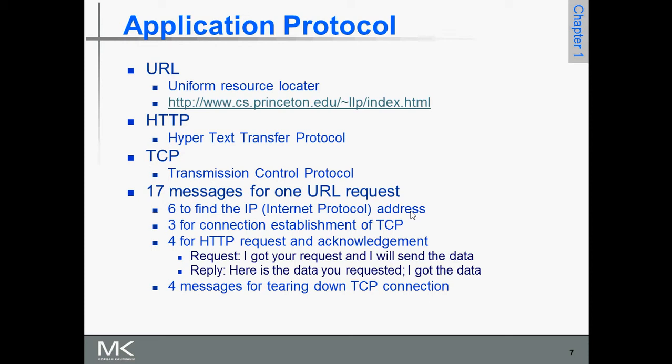That is why today we use the concept of a server name, and in the background we use DNS, the domain name server, to convert the real web address into the dotted decimal IP address. Just to find the IP address of the server, you need to transfer 6 messages.